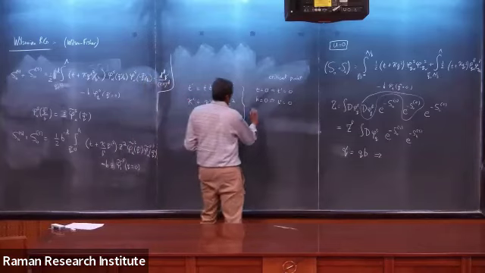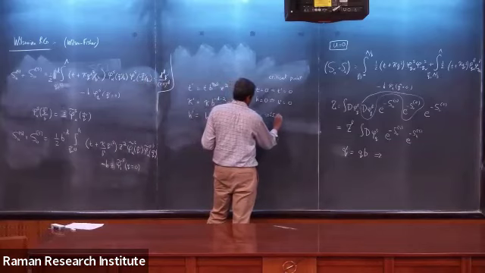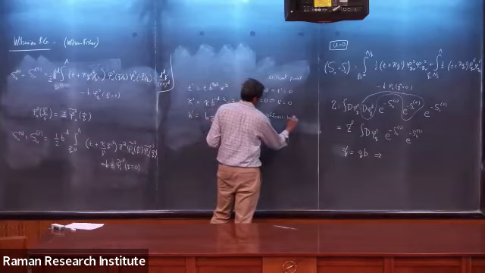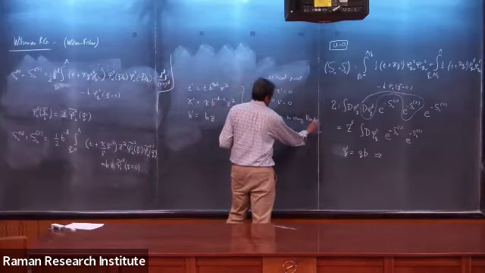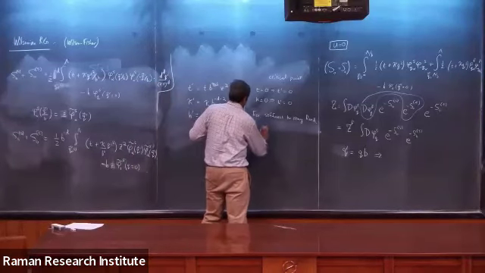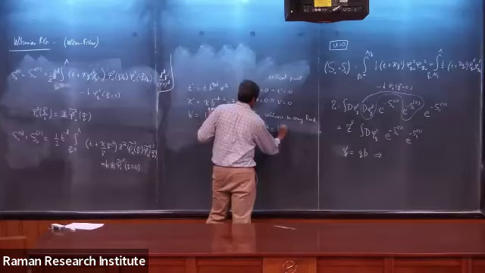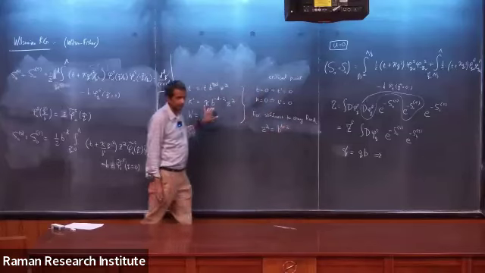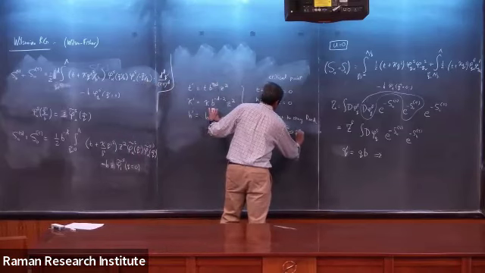So for the stiffness to remain fixed, we are going to demand that Z squared is chosen to be precisely B to the D plus 2. Or Z is going to be B to the 1 plus.